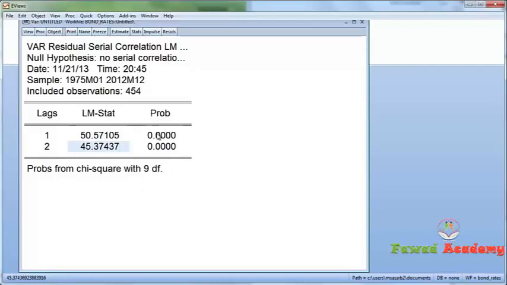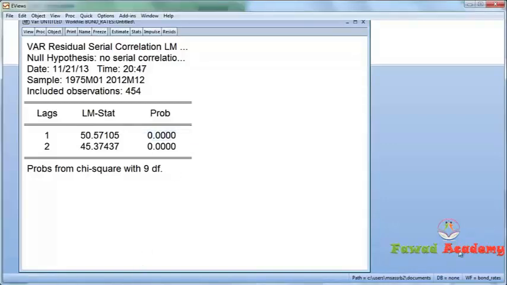So what we see is basically that both have p-values tiny or very close to 0, certainly smaller than any of our usual significance levels. So that means that there is certainly first and second order autocorrelation in the residuals of the VAR 1 model. That means the VAR 1 model by itself isn't sufficient to capture all the dynamics.